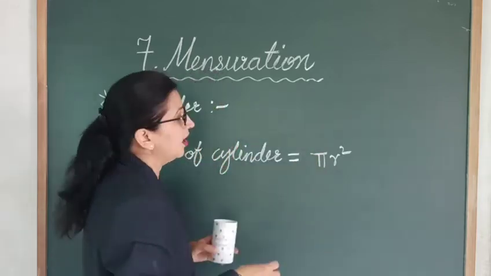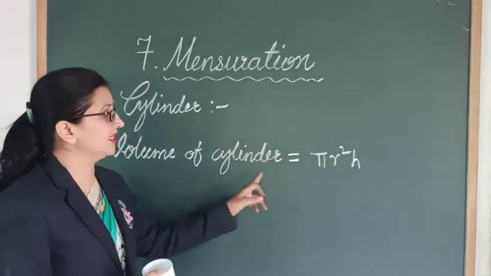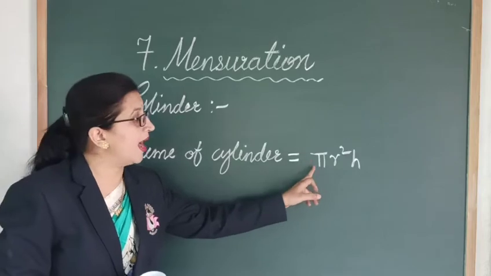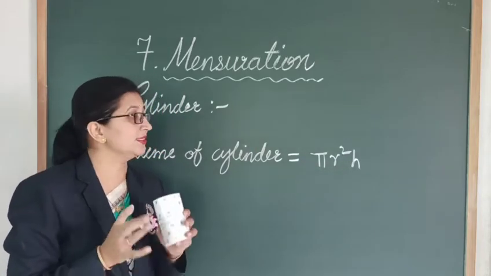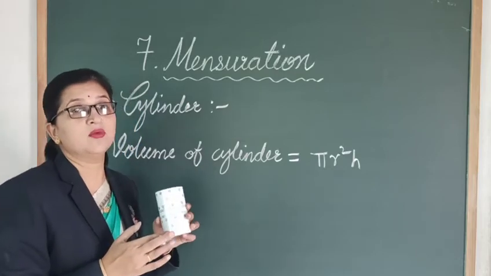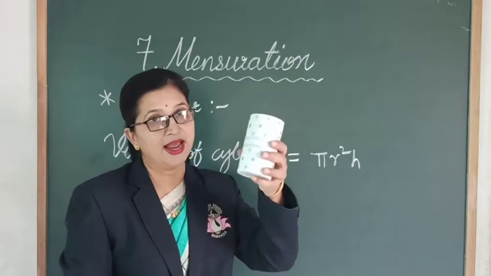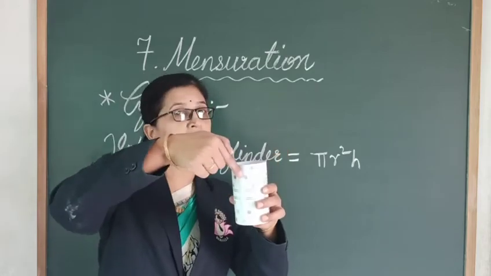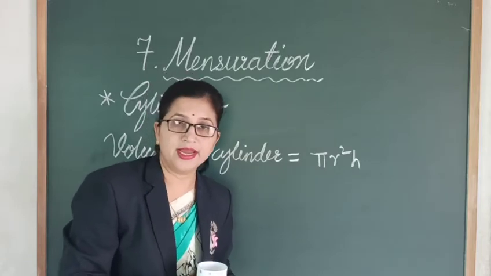That's why the formula to find the volume of a cylinder is pi r square h. Dear students, is it clear to you how to find the volume of a cylinder? It's very simple. Base area pi r square, and it depends upon the height. That's why pi r square h.